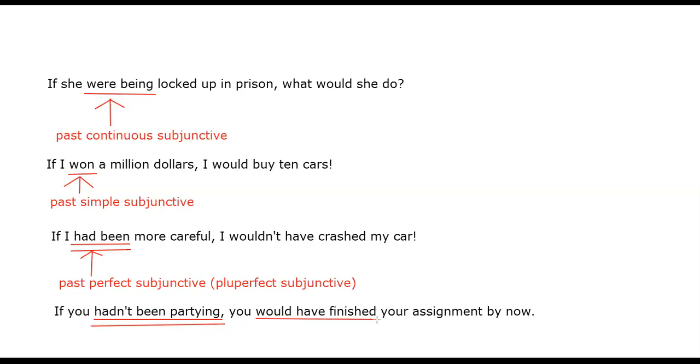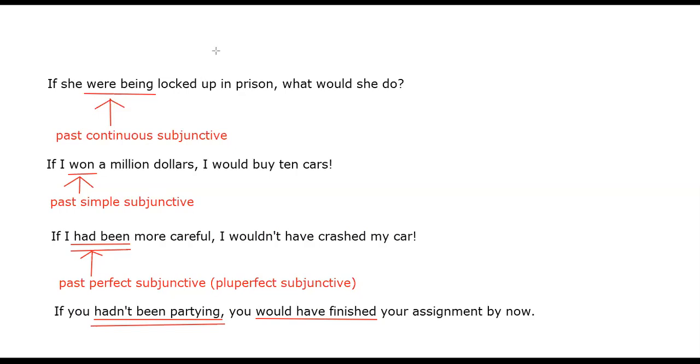Okay. So again, we have two past events. Hadn't been partying, would have finished. So you were partying in the past, but if you hadn't been partying, since it's a past event, we need the past perfect. So you can't say if you weren't partying, no, that means something else because you're implying that you're partying right now. But it's a past event, so we need the past perfect. So if you hadn't been partying, you would have finished your assignment by now. So you didn't finish your assignment then, but you would have finished it if you hadn't been partying.